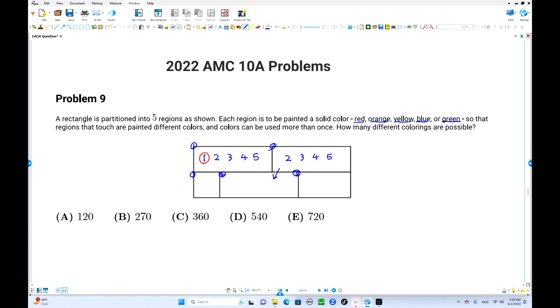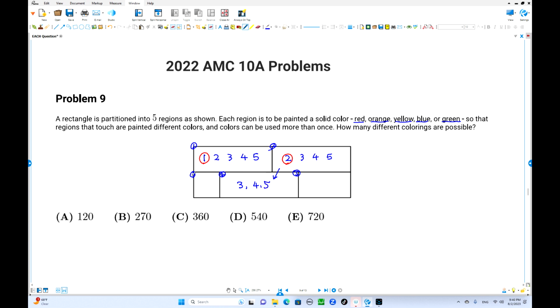Now what happens if you use number 2 in the second region? Then the fourth region cannot have number 1 or 2, only 3, 4, 5 are available.